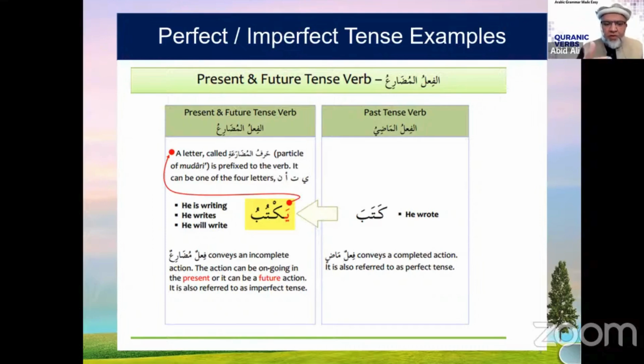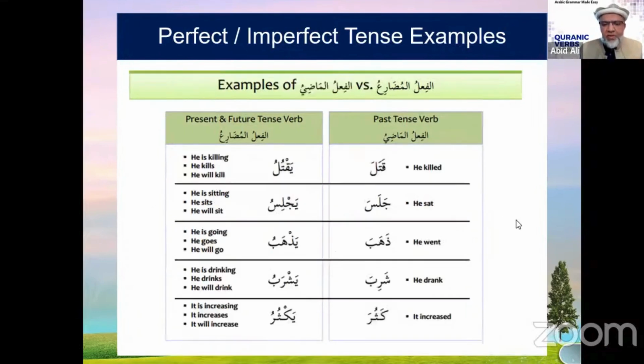Now the counterpart for mudare, which represents the present and the future tense, we get yaktubu. So we learned that in the madi, there is something called a suffix, and it comes towards the end of the verb. And in the mudare, there is something called a prefix, and it comes in the beginning of the verb, right?